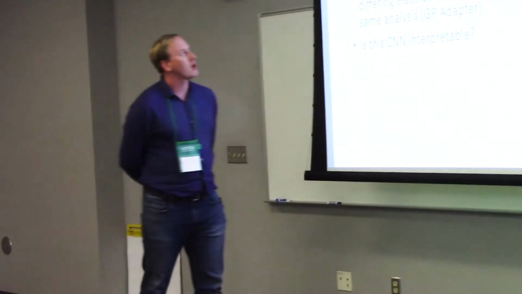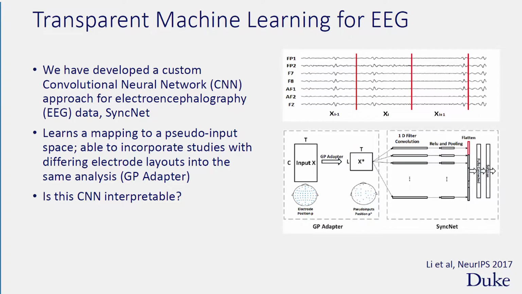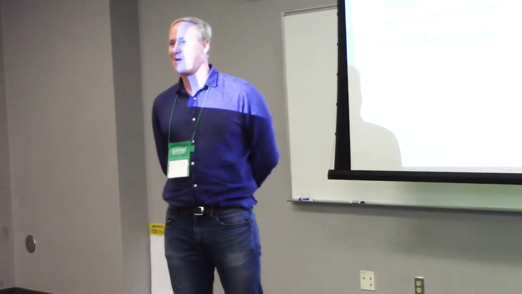I'm going to claim that we have a custom convolutional neural network that's going to work for this small data cohort, and also is going to be interpretable. Now, if you've heard anything about convolutional neural networks, you should probably have alarms blaring in your head right now. I just told you we have a very small cohort of data, and typically CNNs are applied to very large data sets.